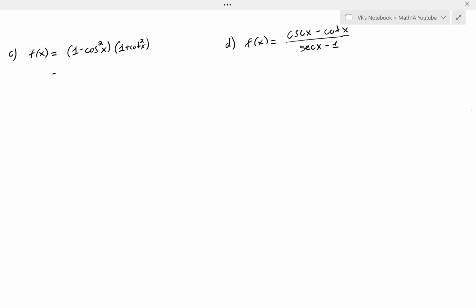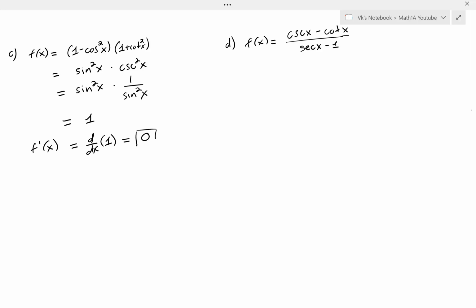One of the best ways is to simplify. 1 minus cosine square is sine square. 1 plus cotangent square is cosecant square. Sine square x multiplied to cosecant square x is 1 over sine square x times sine square x, and so this is just 1. And therefore the derivative is the derivative of 1, which is 0.